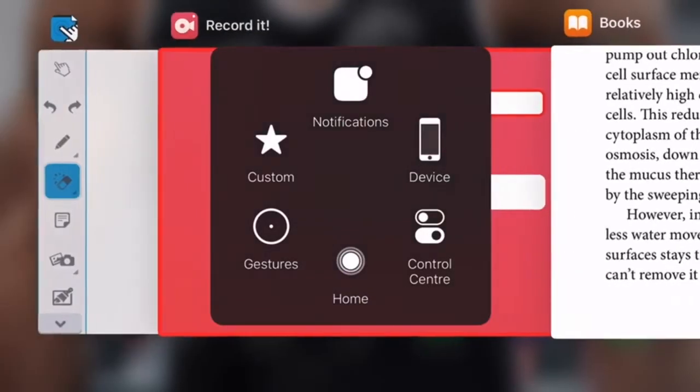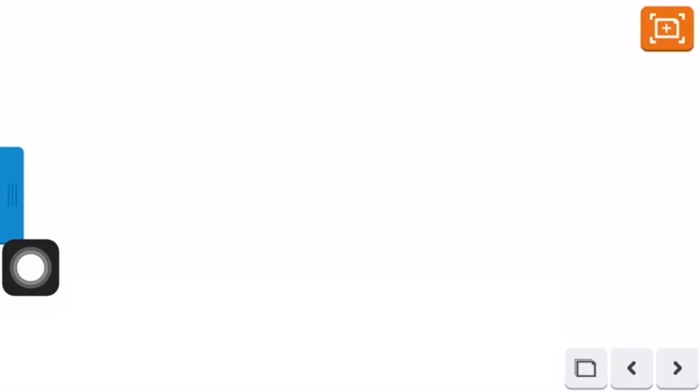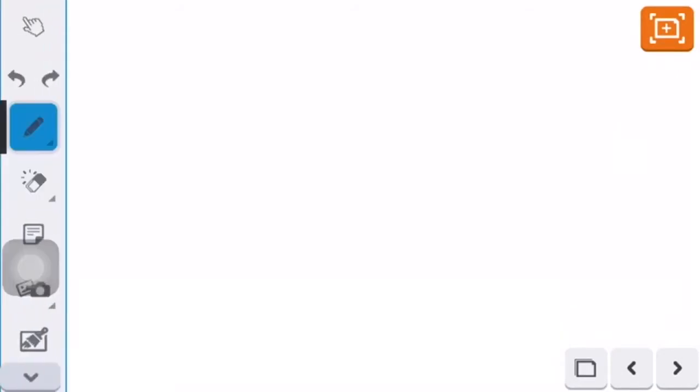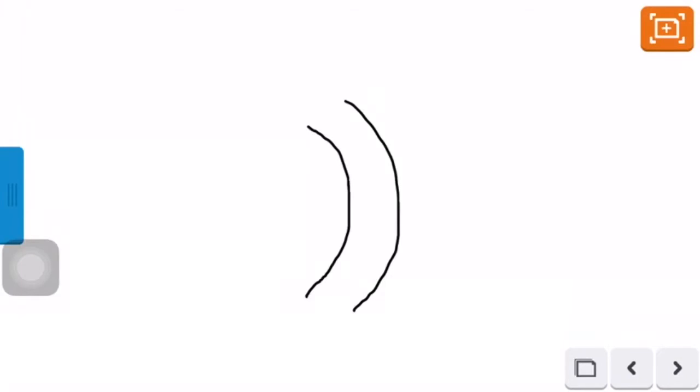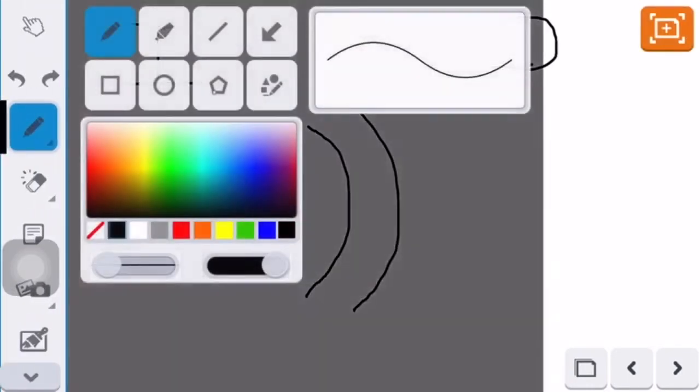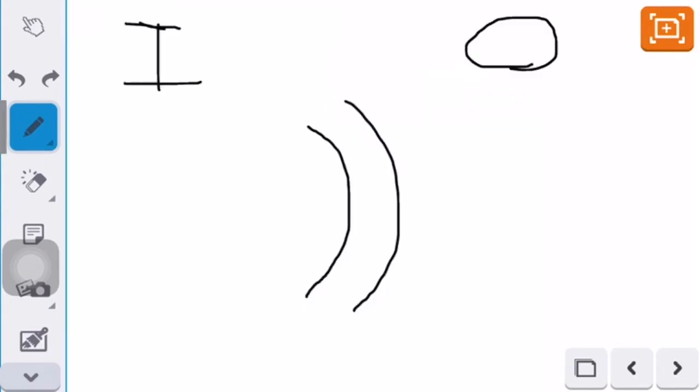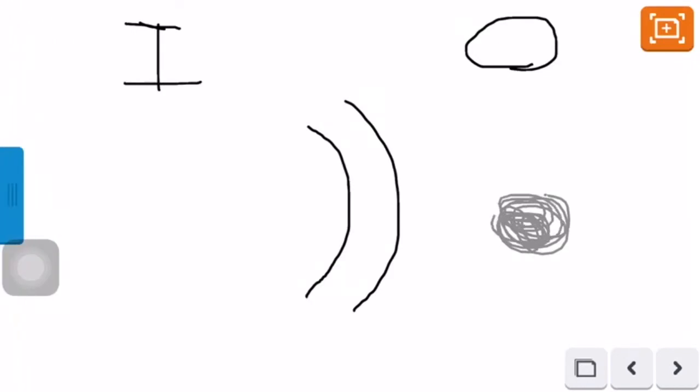Okay, let me explain by drawing. Say, for example, this is the alveolar wall, this is the inside, and this is the outside. Here is the mucus, which needs to be removed. It is very thick.